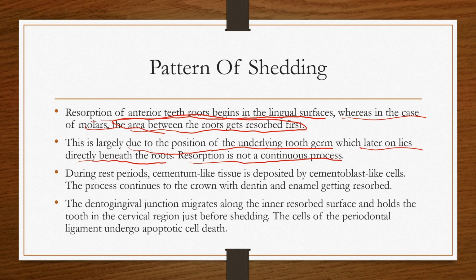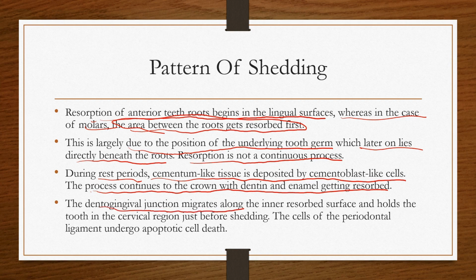Resorption is not a continuous process, it takes time. During rest periods, cementum-like tissue is deposited by cementoblast-like cells, which we will learn about later. The process continues to the crown with dentin and enamel getting resorbed. So dentin and enamel will eventually be resorbed by the erupting tooth.